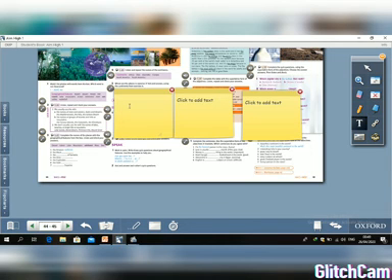Long adjective, more plus long adjective plus than, or less.